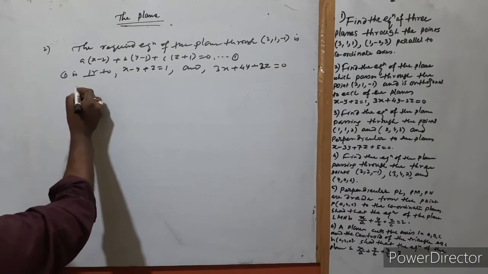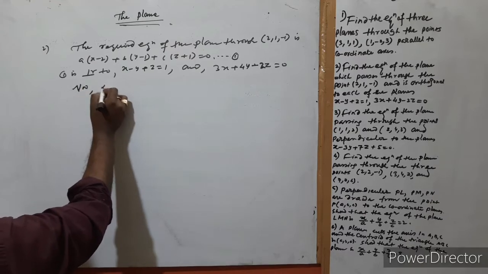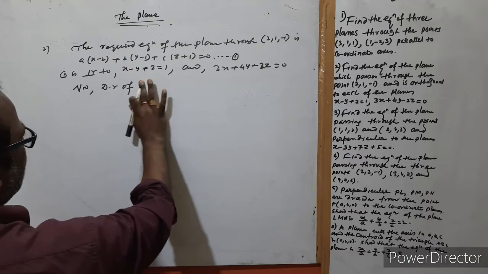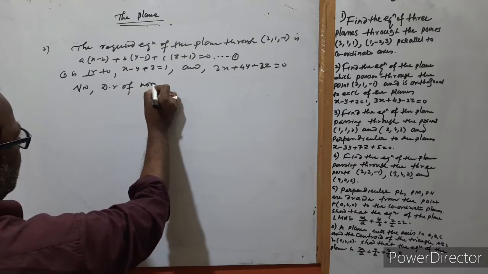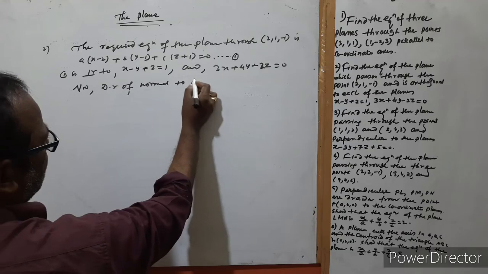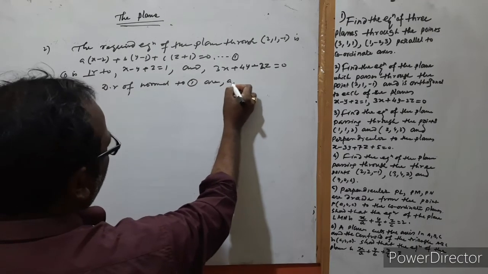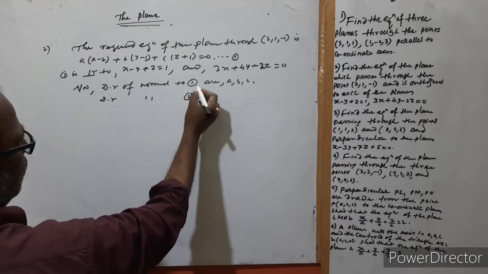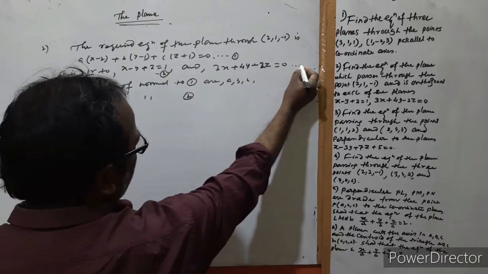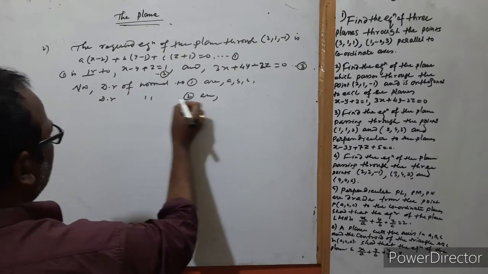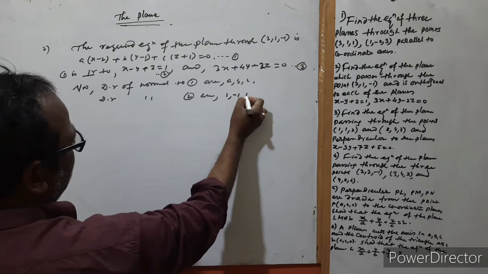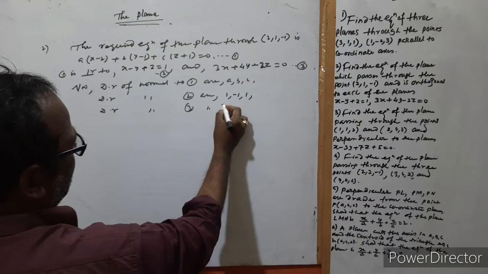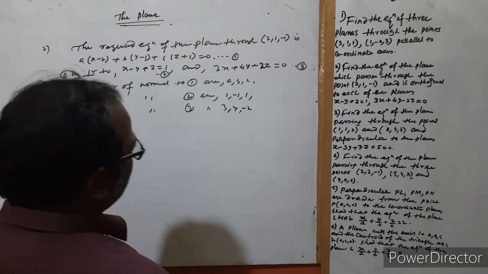Now the direction ratios of the normal to 1 are a, b, c. Again the direction ratios of the normal to 2 are 1, minus 1, 1, and the direction ratios of the normal to 3 are 3, 4 and minus 2.